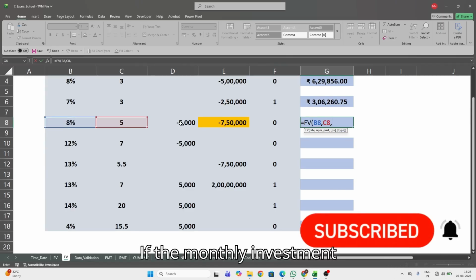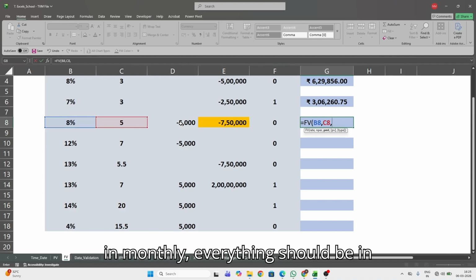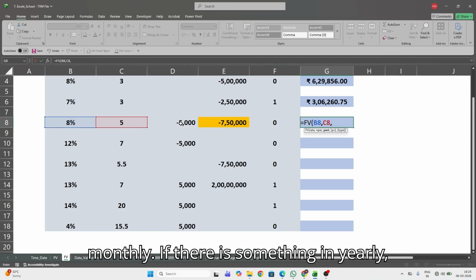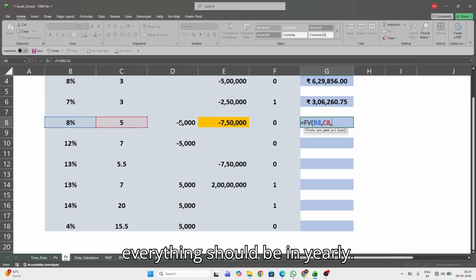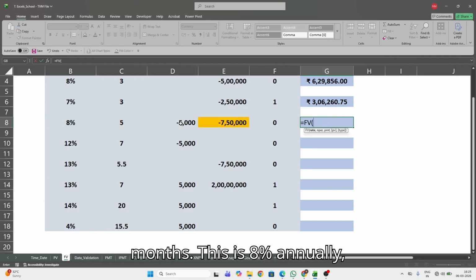If the monthly investment is in months and the time period is in years, then the formula doesn't work. All right, if there is something in monthly, everything should be in monthly. If there is something in yearly, everything should be in yearly, right? So what we do is we convert every single thing into months.